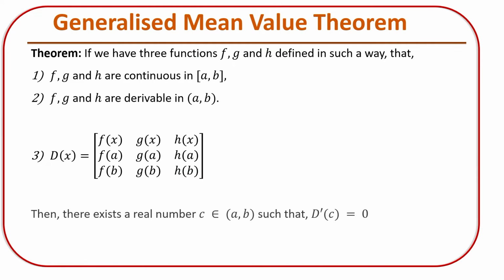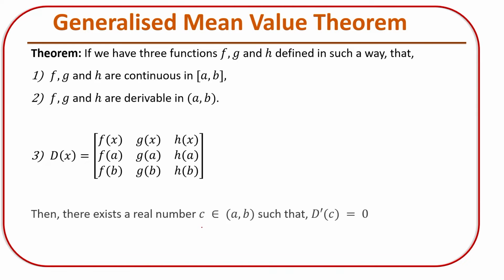So we assume that f(x), g(x), and h(x) are three continuous functions in a closed interval [a, b], and they are differentiable in an open interval (a, b). And one quantity, the determinant of the matrix with rows f(x), g(x), h(x); f(a), g(a), h(a); f(b), g(b), h(b), we have defined this quantity.